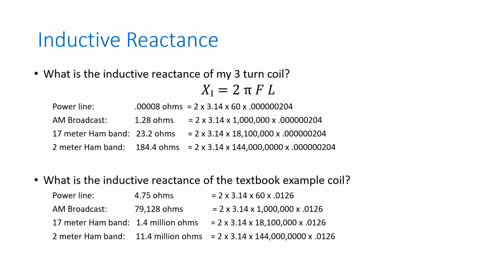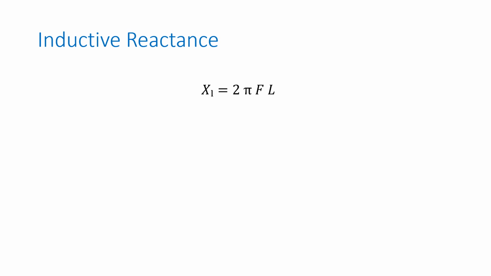Now, in case you didn't catch it, let me ask you this. What happens? Because remember, this is a 4-part multiplication problem. 2 times pi times whatever F is times whatever L is. What happens if any of these entries is 0? Let's say I've got a very high frequency, millions and millions of hertz, but I have 0 inductance.